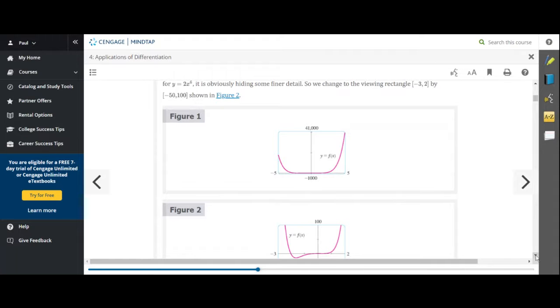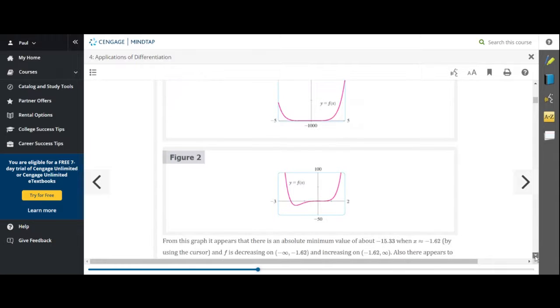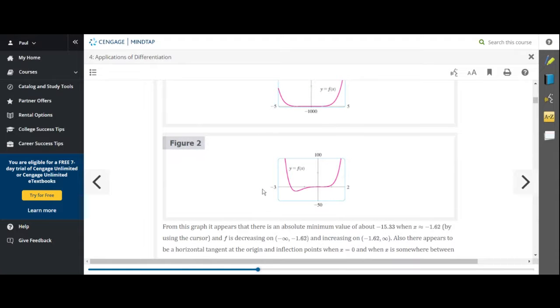But if you zoom in near the origin, see how the window changed? It's not from -5 to 5 anymore on the x-axis. It's from -3 to 2, and the y-axis goes from -50 to 100. And so now, based on the graph, you have a better idea of the concavity.